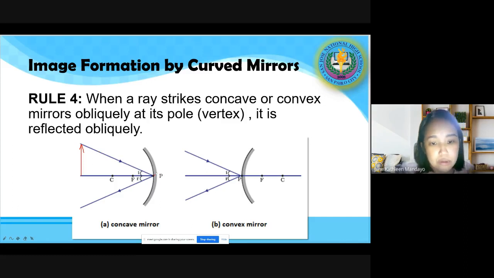Tumama siya doon sa pole or doon sa vertex. What would happen is, it will be reflected in the same angle, okay, as the incident angle. So in that case, kung pag ganito siya, okay, pababa yung reflection natin. Dapat ditong angle na na-form ng incident ray together with the principal axis would be the same as the angle that will be formed. Okay, so dapat parehas yan ng angle.